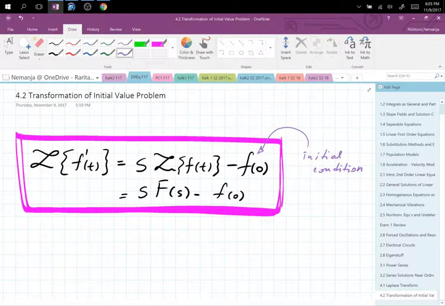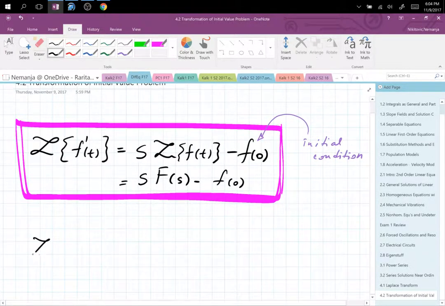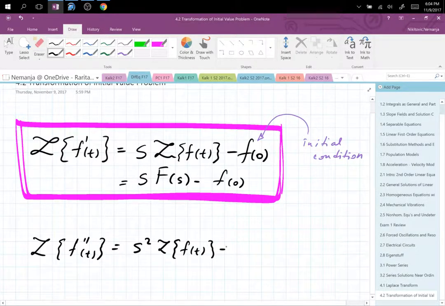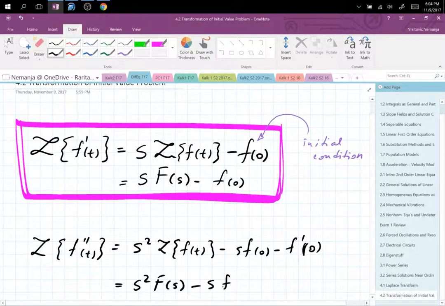So now, the second derivative is equal to s squared times the Laplace transform of f of t minus s f of 0 minus f prime at 0, which can also be written as s squared F of s minus s f of 0 minus f prime of 0.